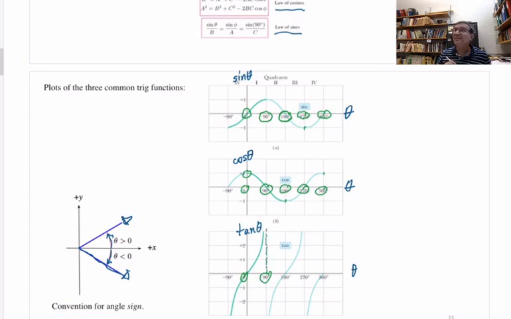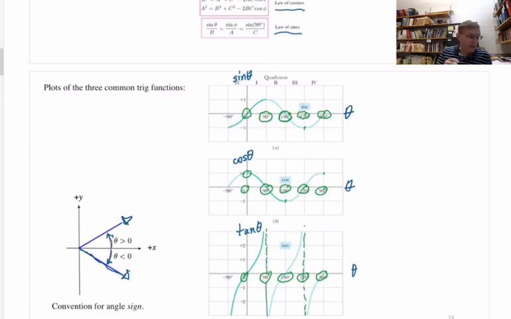Tangent of 90 is undefined. You go beyond 90 and you cross over to large and negative. By the time you get up to 180, the tangent is 0 again. At 270 degrees, you have another vertical asymptote. And then it crosses through and becomes negative, and at 360 it's 0 again. Okay, so that's tangent theta with vertical asymptotes included.